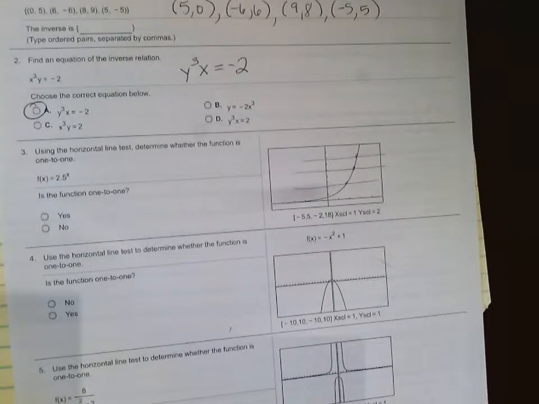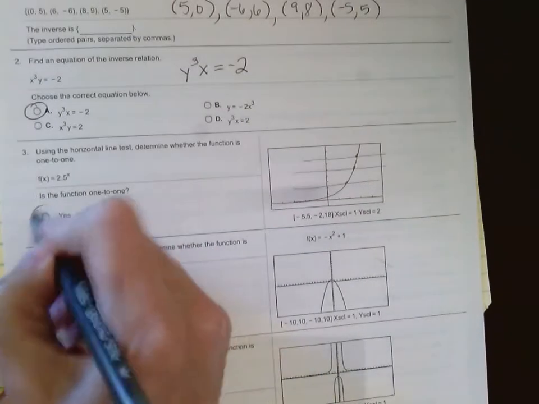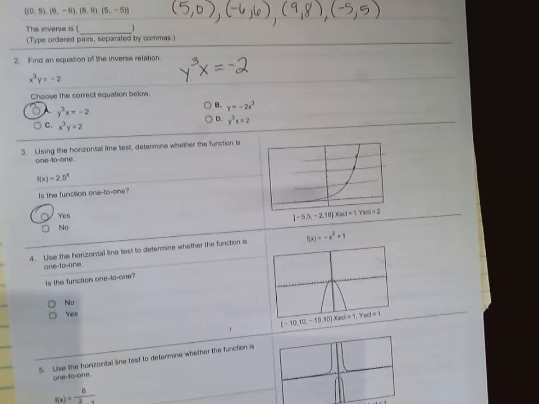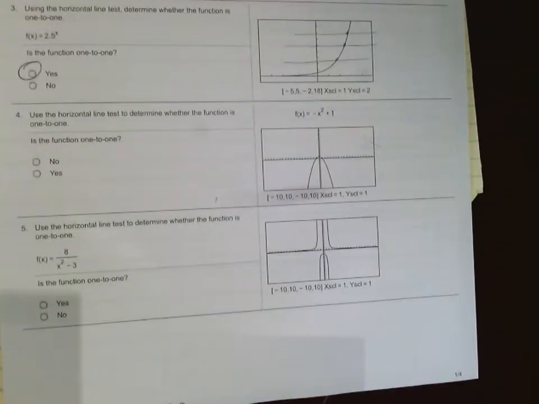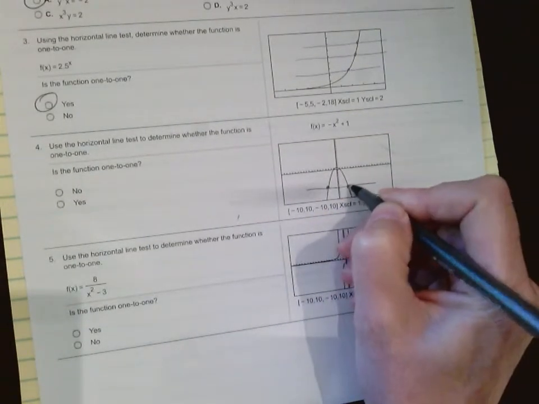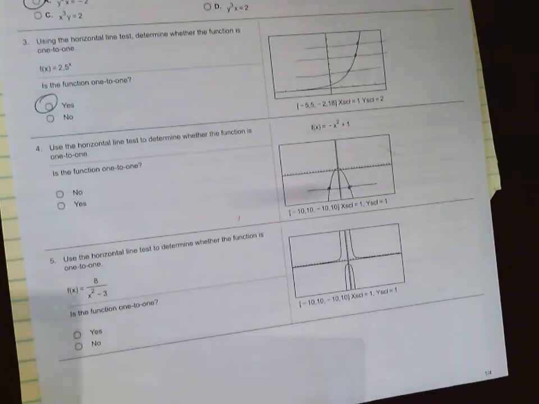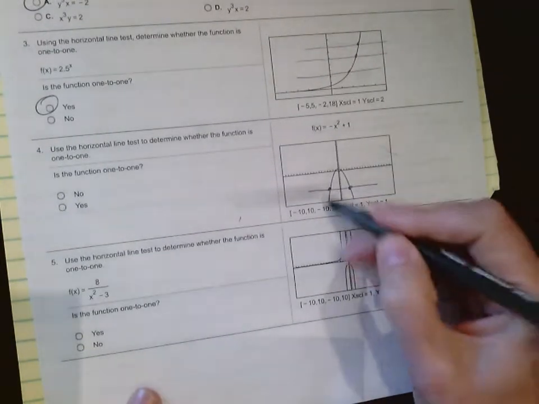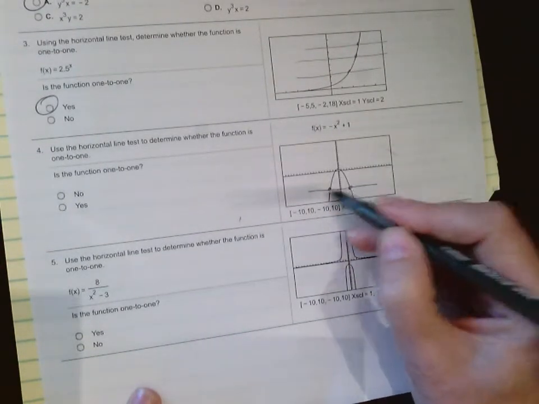So it does pass the horizontal line test, which means yes, the function is one-to-one. On number 4, you'll notice if you draw the horizontal line right there, it touches this graph more than once.